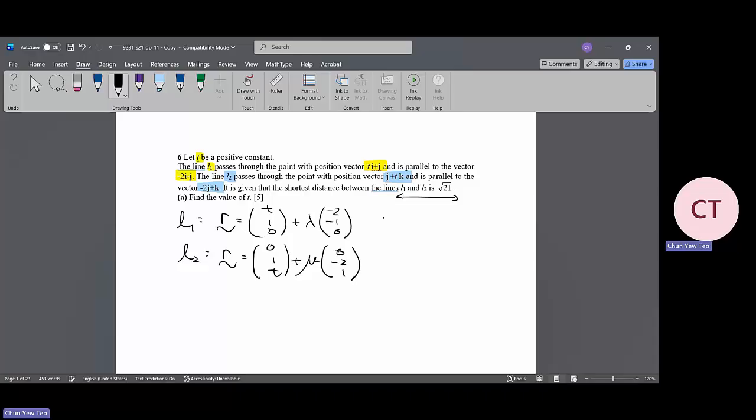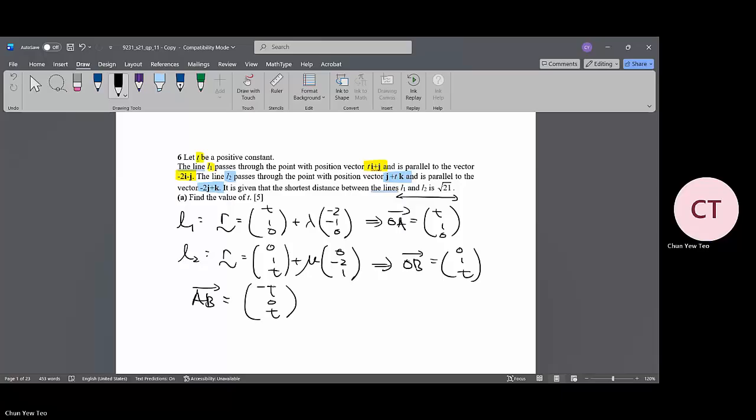So I let OA be the position vector (t, 1, 0), and let OB be (0, 1, t). Then we find AB. AB will be B minus A, which is (negative t, 0, t).